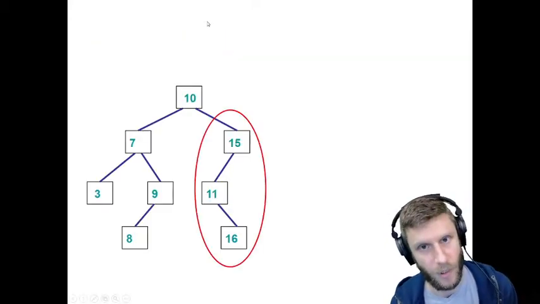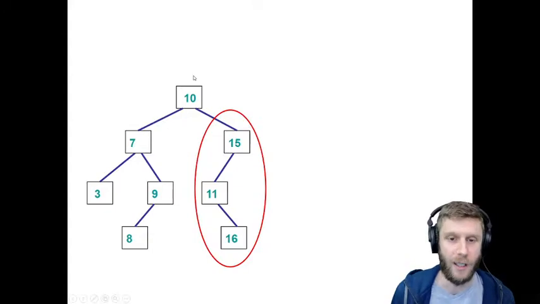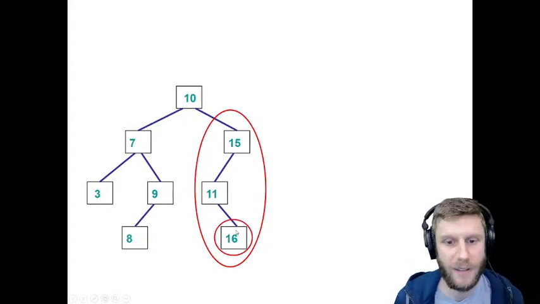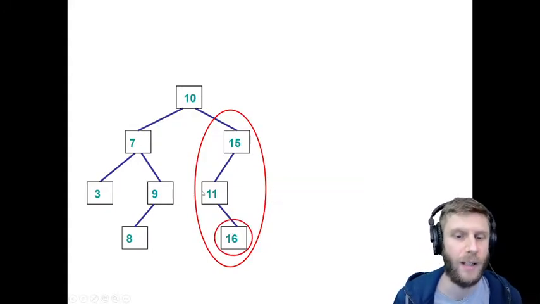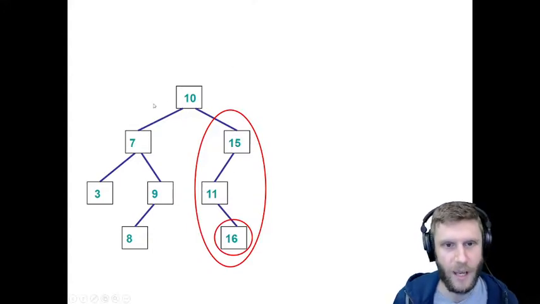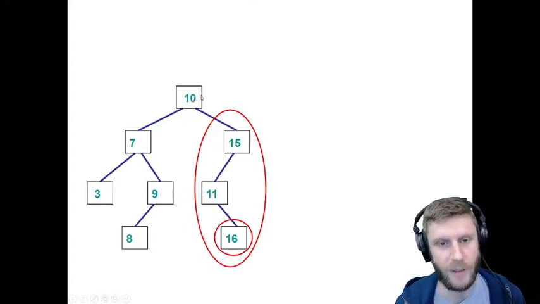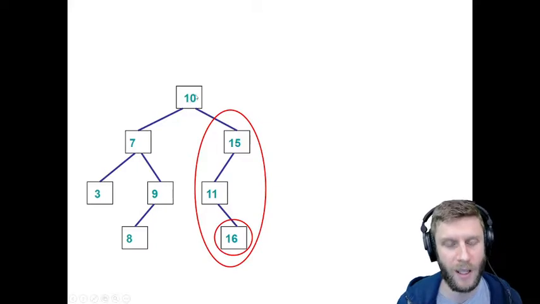So here, if we look, this is not a binary search tree. Let's have a look. The rule is, here's the root. Is everything to the left of this root less than it? Well, 7, 9, 3, and 8 are all less than 10, but let's keep going.